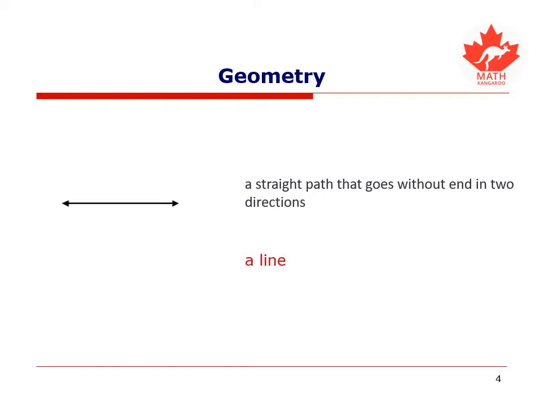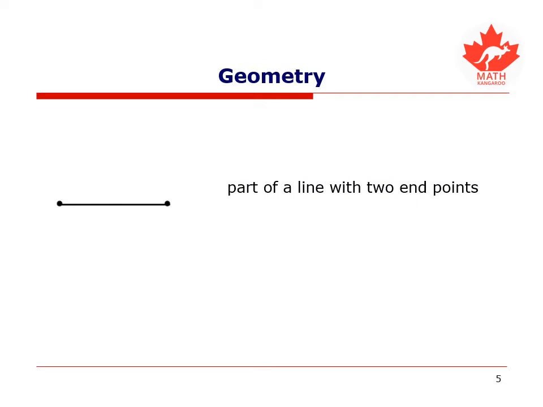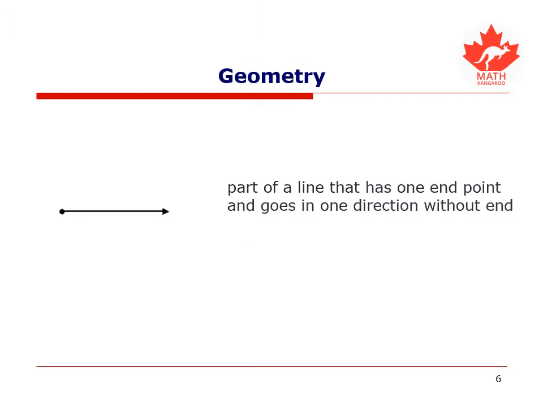A line. Part of a line with two endpoints. A line segment. Part of a line that has one endpoint and goes in one direction without end. A ray.